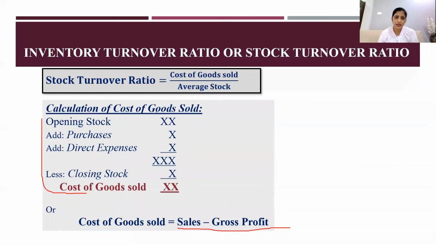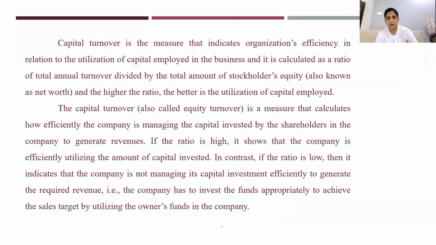Calculation of cost of goods sold: opening stock, add purchases, add direct expenses, reduce closing stock, you'll get cost of goods sold. Else cost of goods sold is equal to sales minus gross profit. This is the inventory turnover ratio.